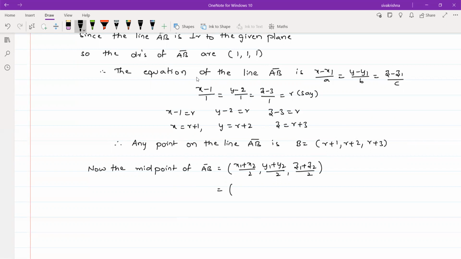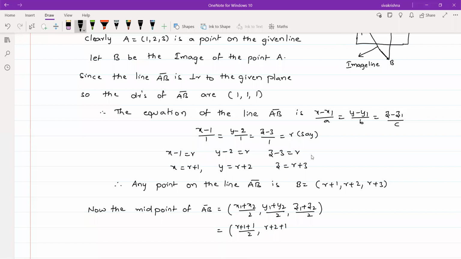Here we have to find the midpoint of the points A and B. Treat the point A as x1, y1, z1 and B as x2, y2, z2. If you write (x1 plus x2) by 2, we get (r plus 1 plus 1) by 2.